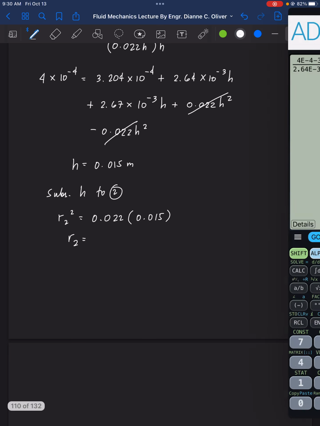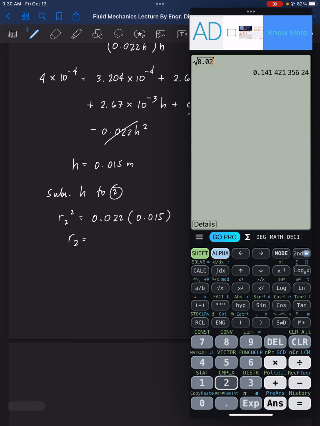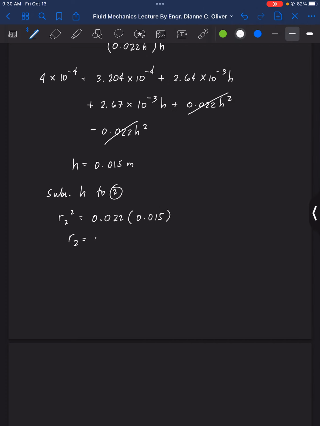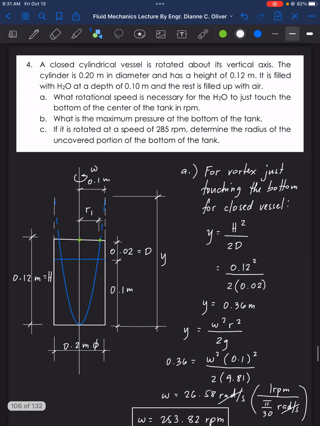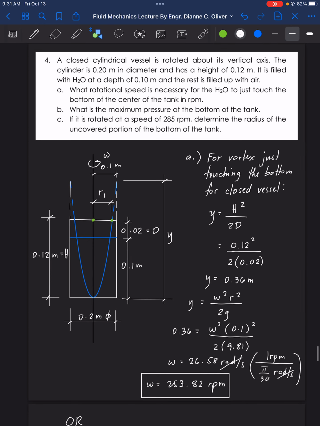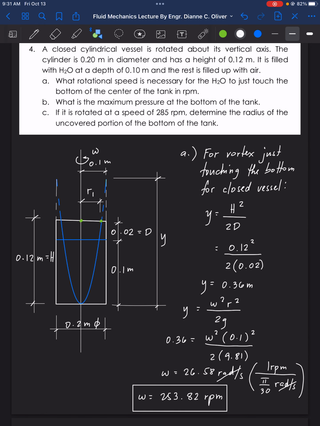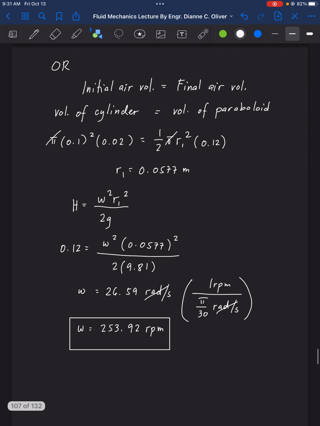R2 now is equal to the square root of that, 0.018. R2 is 0.018 meter. So that's example number 4. This is letter A. And then this is the alternative solution.